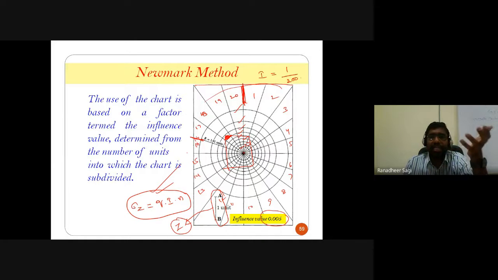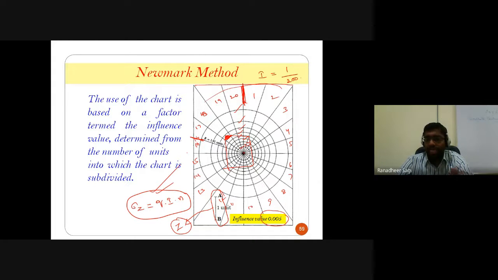If you want details on how exactly you are going to calculate your vertical stress, you can refer to any of the standard books, or the video lectures which are commonly available on YouTube by different people, which give a clear picture of how this pneumatic method is helpful for estimating the vertical stresses developed in the ground.